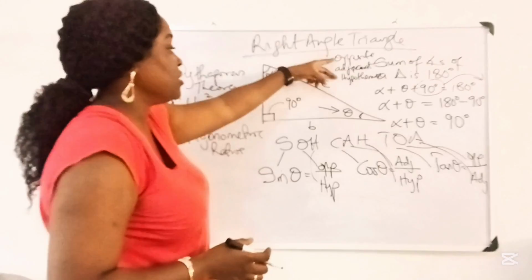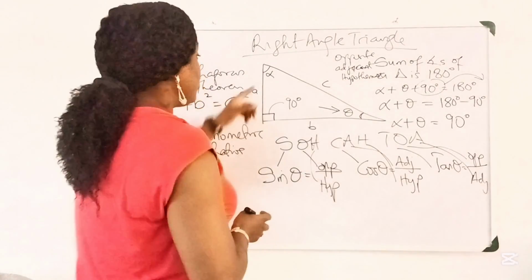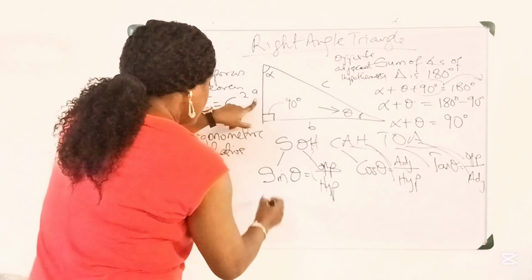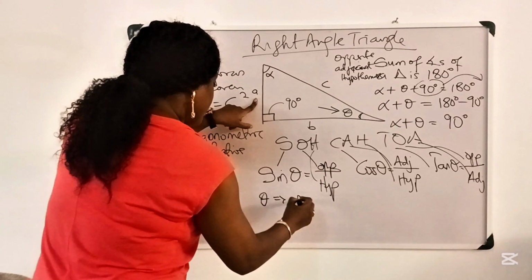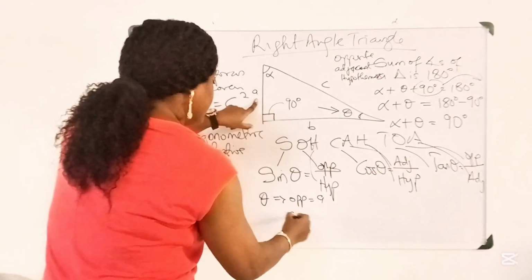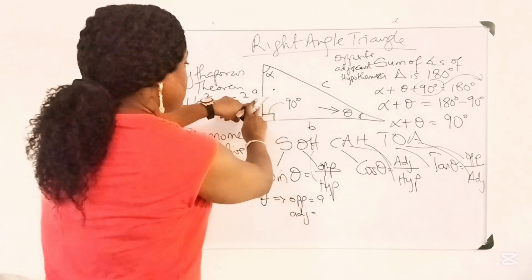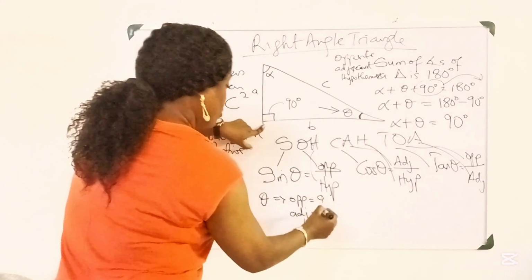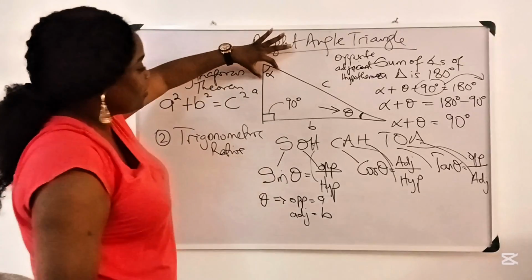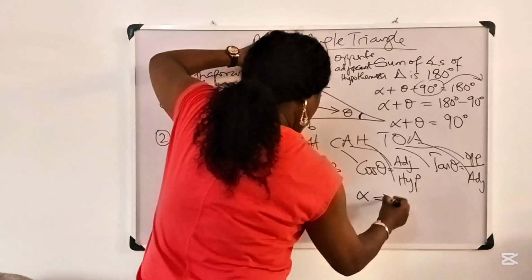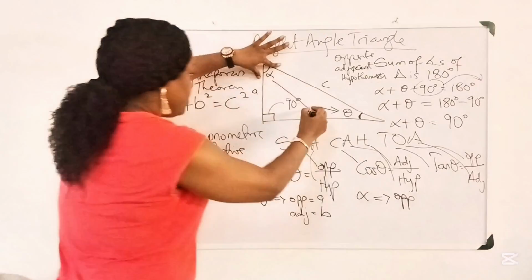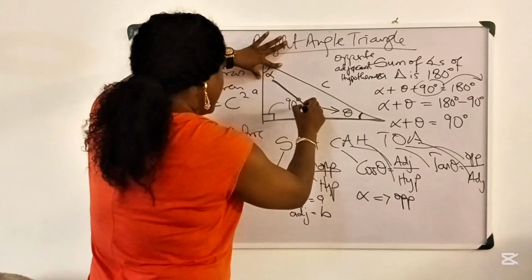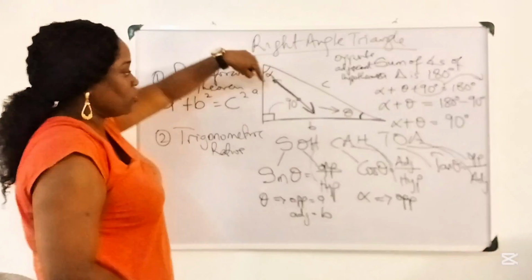Note that these sides can change based on the angle that we are referencing. So if we are referencing theta, the opposite side of this triangle will be A, and the adjacent side, that is the side touching the angle theta, will be B. Now if we're referencing this angle alpha, the opposite side for angle alpha is this side, which faces or overlooks the angle alpha.